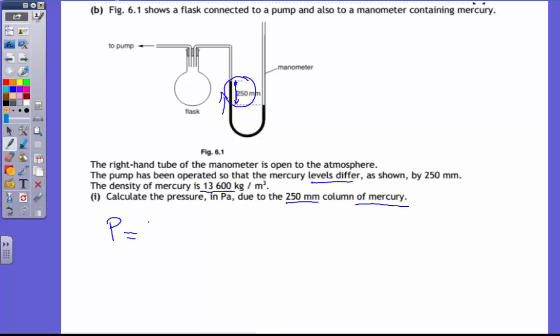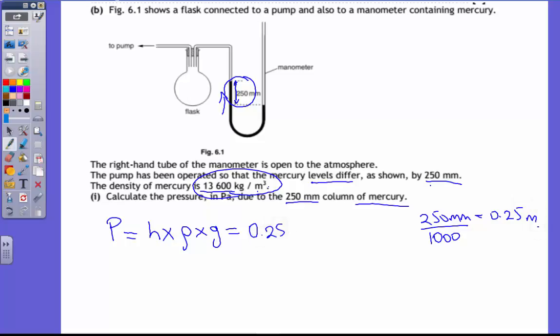Pressure is equal to height times density times gravity. What is the height here? The height of mercury is 250 millimeter. But the density of mercury is given per meter cube, so we have to convert the 250 millimeter to meter, which is 250 divided by 1000, 0.25 meter. 0.25 meter times the density, which is 13,600, times 10.